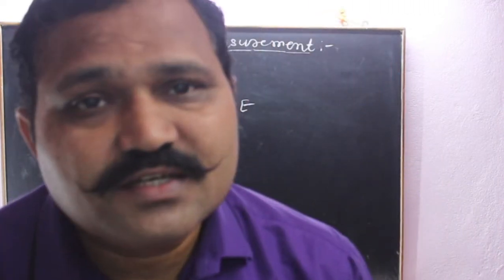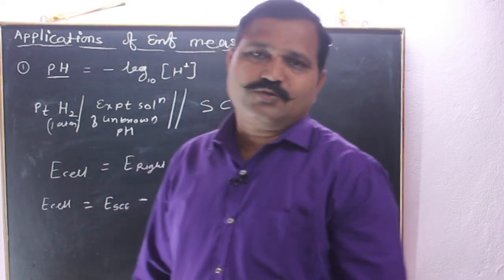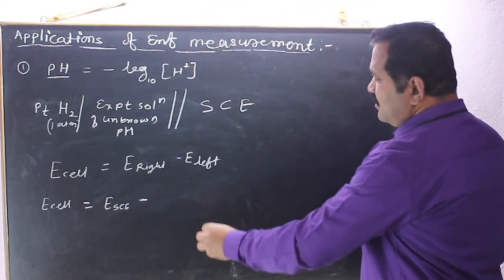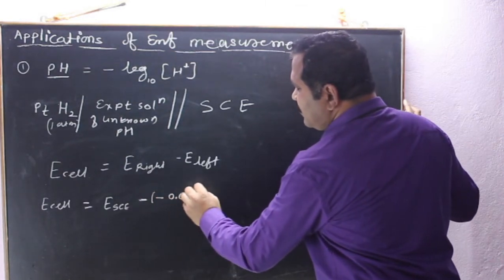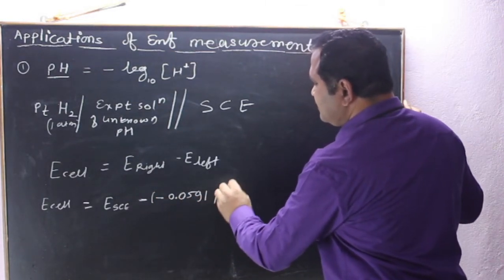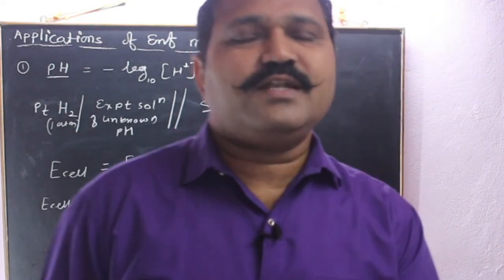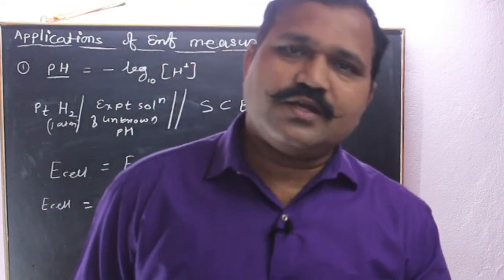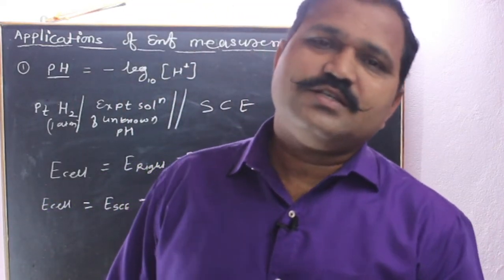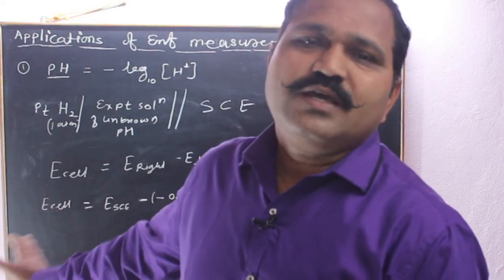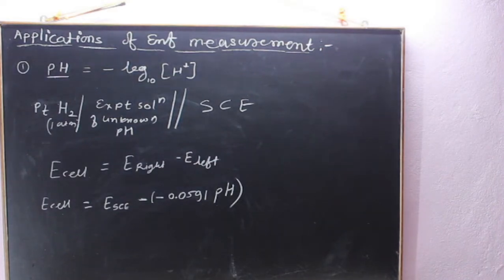Yes, the hydrogen electrode. Now, the potential of the hydrogen electrode is given by minus 0.0591 pH. You know this. It is already studied that the potential of the hydrogen electrode is minus 0.0591 pH. Just put these two equations and you will get the pH of the experimental solution.